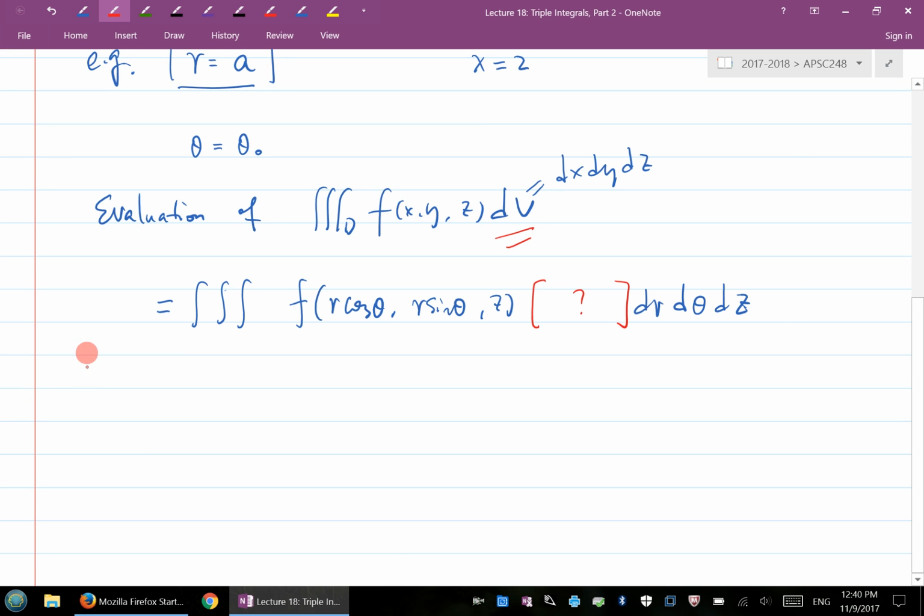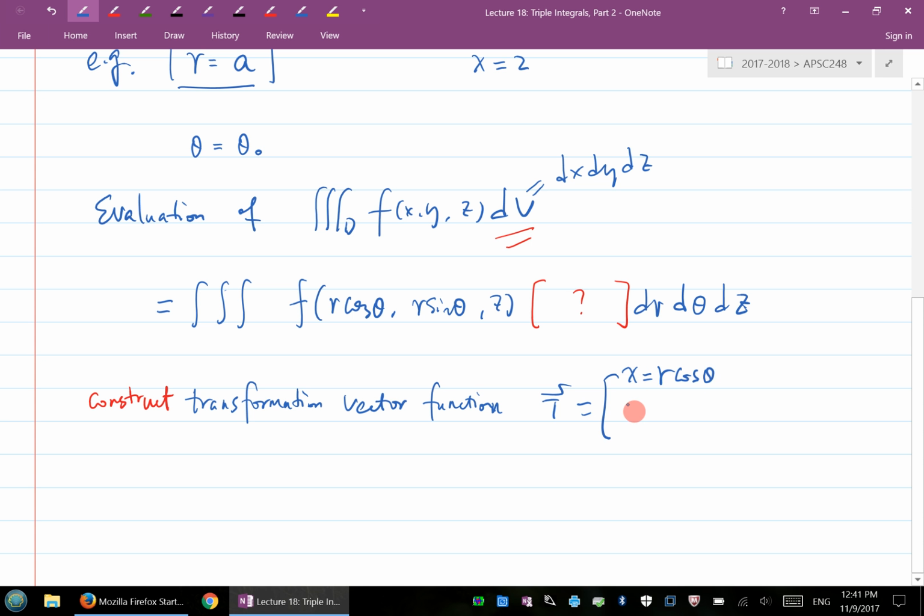We can construct the so-called transformation vector function. Let's call it T. T consists of x equal to r cosine theta and y equal to r sine theta.